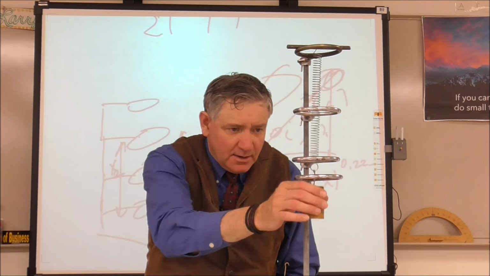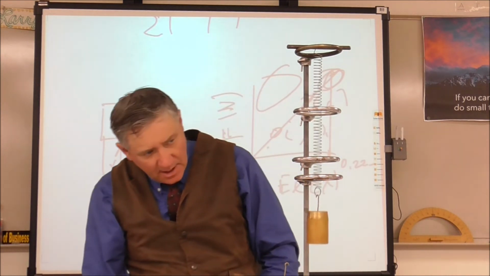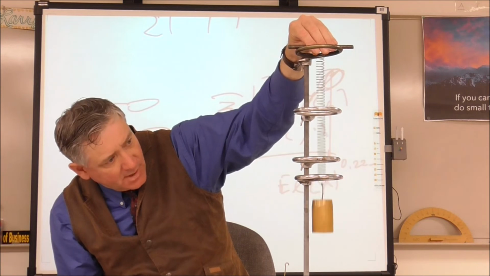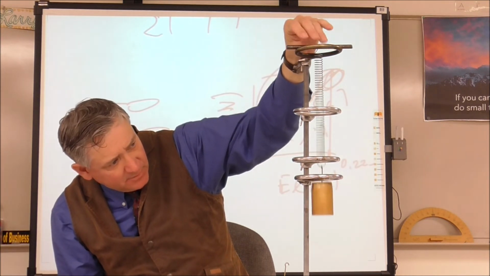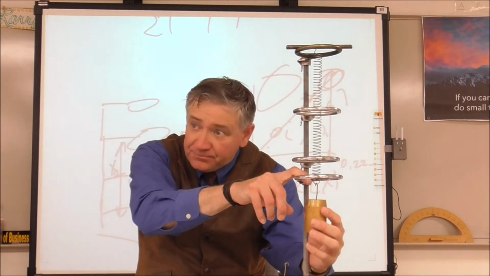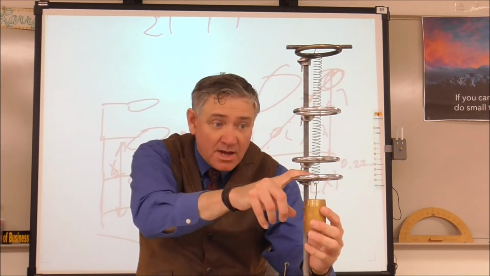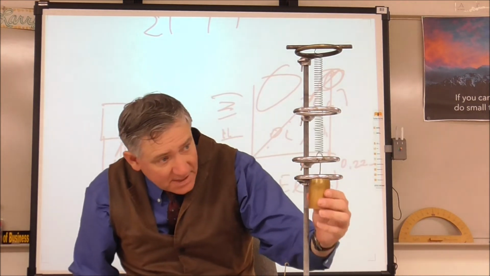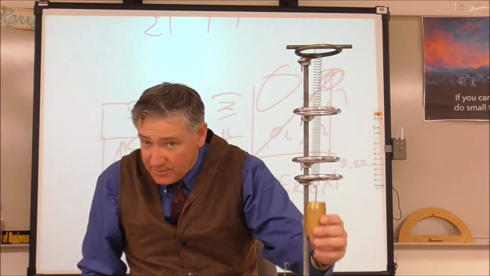You want to pull it down, get it oscillating, and then watch where it's going. This is why you have to have it exactly in the middle. Then you're going to set the bottom ring at the bottom of the oscillation, and the top ring at the top of the oscillation. So you just have to watch it going back and forth like this.